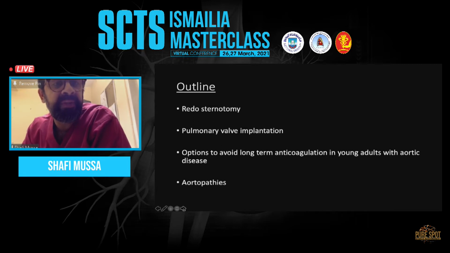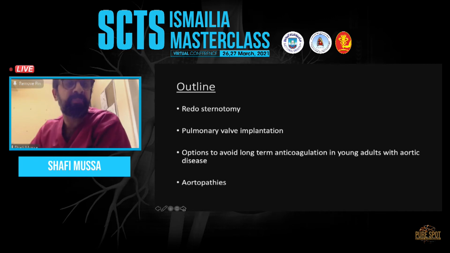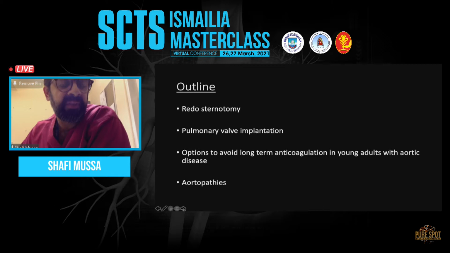The reason I want to talk about these three aspects is that when Karen and I discussed things, we thought it would be appropriate to also describe a little about the multidisciplinary approach and the thinking behind the way congenital cardiac surgery is approached. Karen's given an excellent overview on that, and I'm going to focus a little on my approach to redo sternotomy for the first few minutes of the talk.